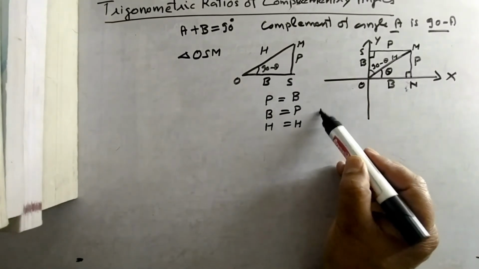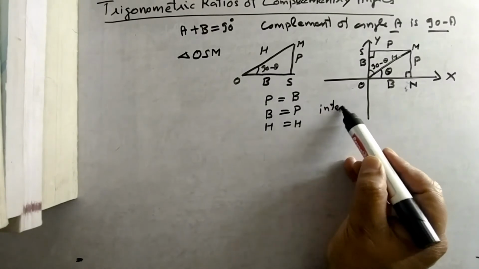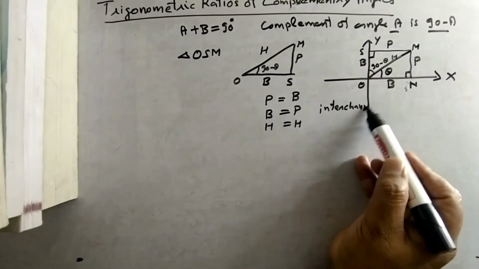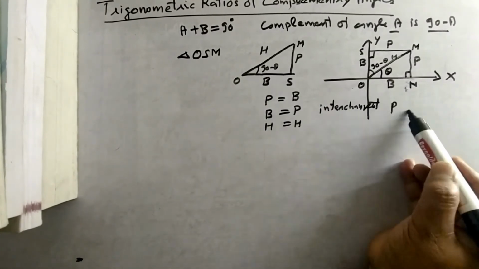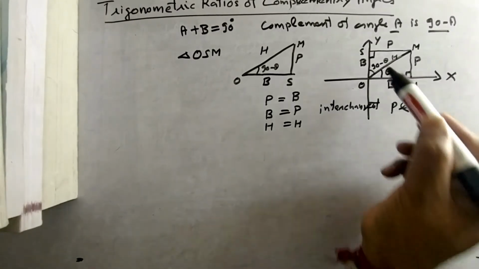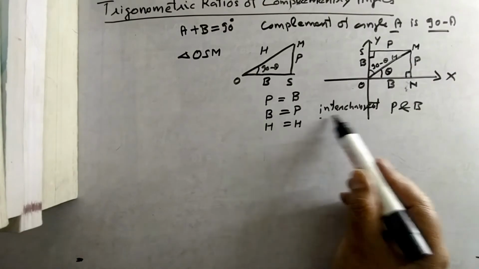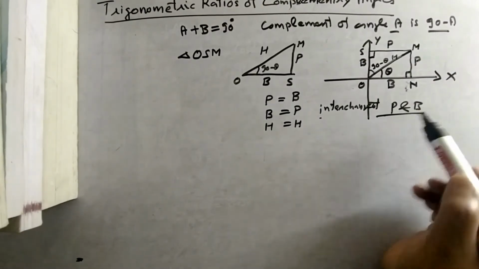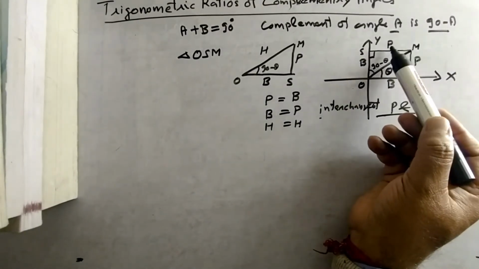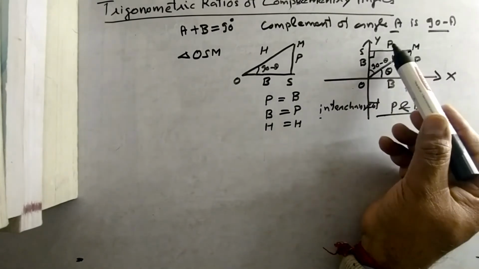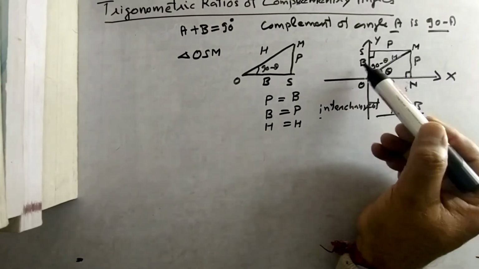There is an interchange of P and B, and nothing else. In 90 minus theta, there is an interchange of perpendicular and base. Here B becomes P and here P becomes B, nothing else.